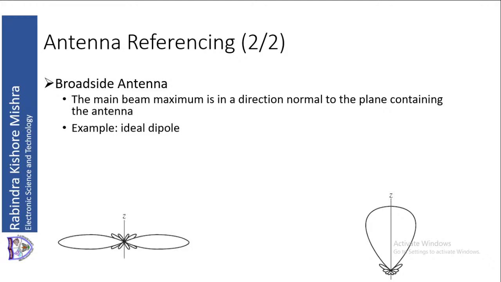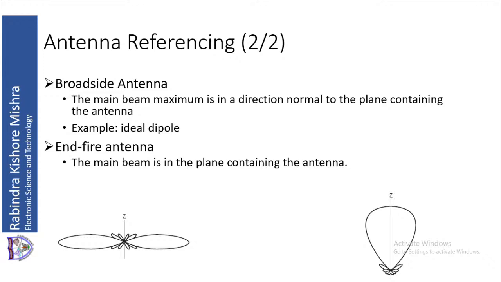Now look at the other antenna, where the beam is in the plane of the antenna. That is called the end fire antenna. The main beam maximum is in the plane containing the antenna.